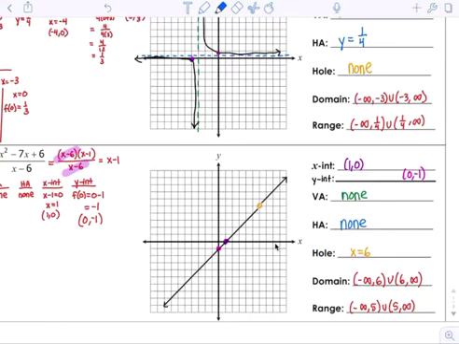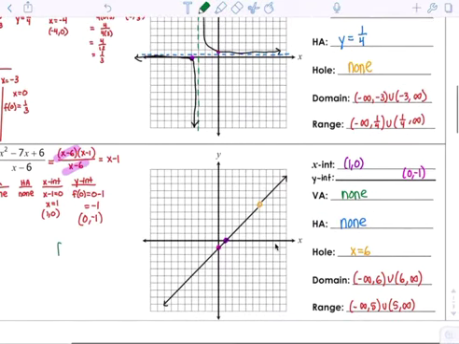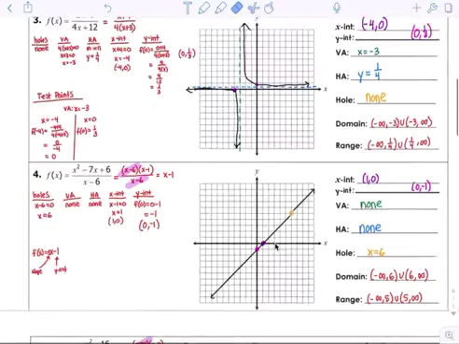For the range, you have to look at your horizontal asymptote and you substitute the hole into the final equation. So f of 6, because that's where the hole is, equals 6 minus 1, which is 5. So we're using 5 for our range. So negative infinity to 5, union 5 to infinity. And that's how you guys do that one.